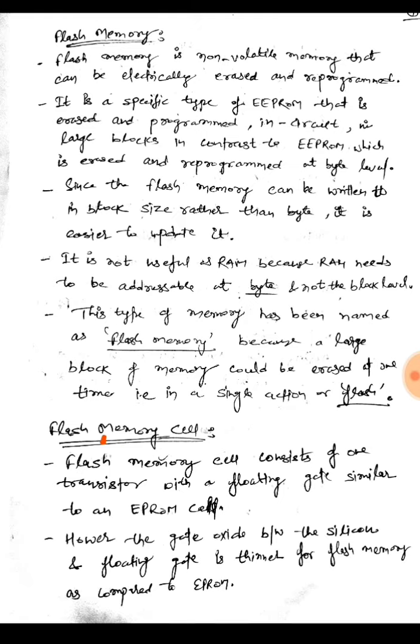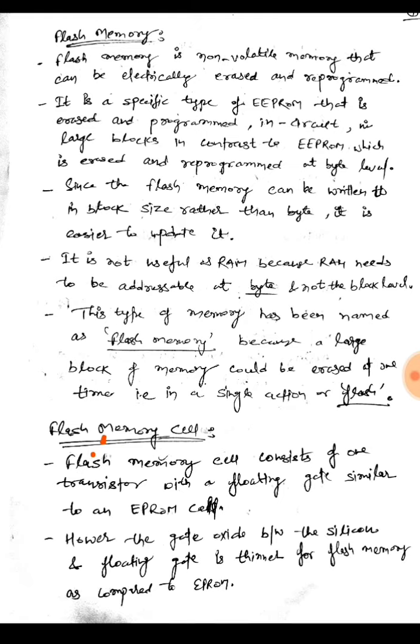It is not useful as a RAM because RAM needs to be addressable at byte and not at the block level. This type of memory has been named flash memory because a large block of memory can be erased at one time or in a single action, which is called flash. So that is why it is called flash memory, because we can erase a block of memory in a particular interval of time.